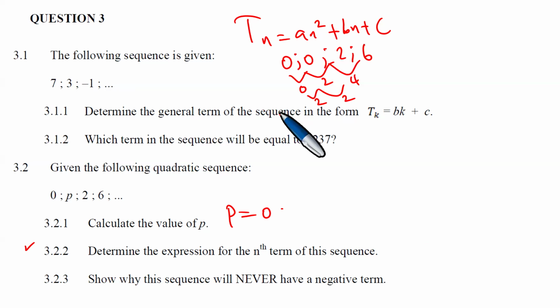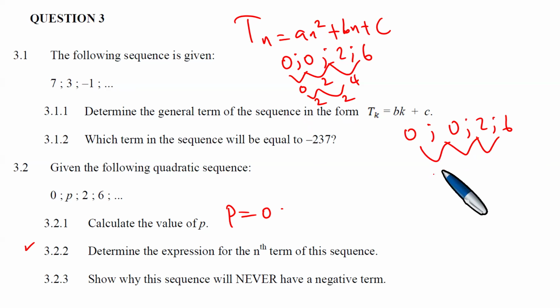Now here you're getting 0, 4, 2, 2, which means 2a is this one, and 3a plus b is this one. That is what we do.